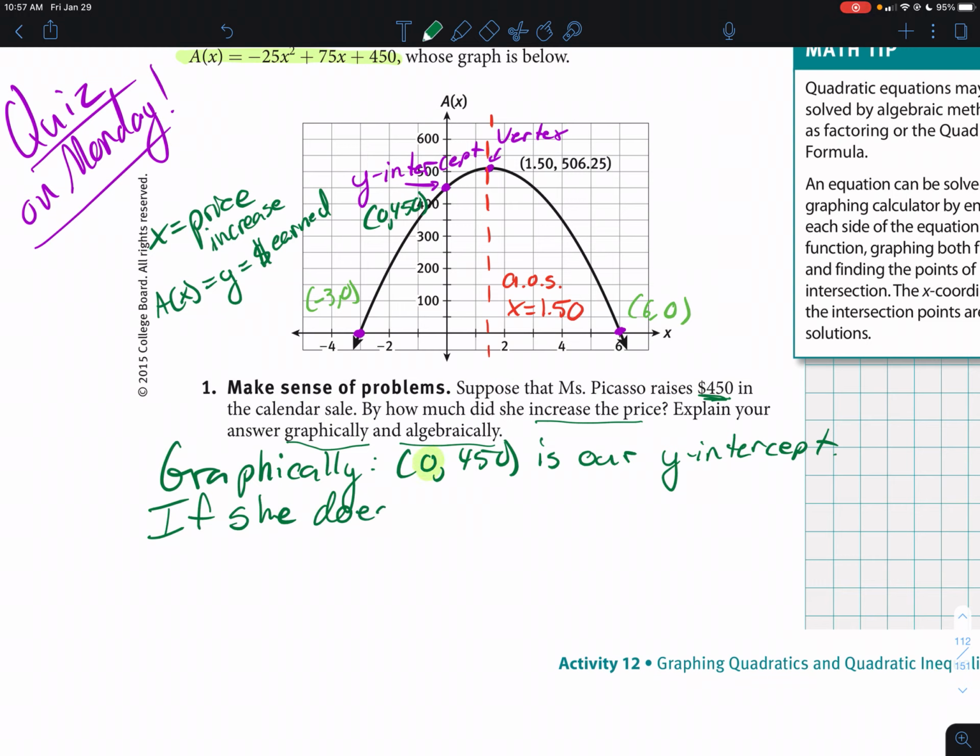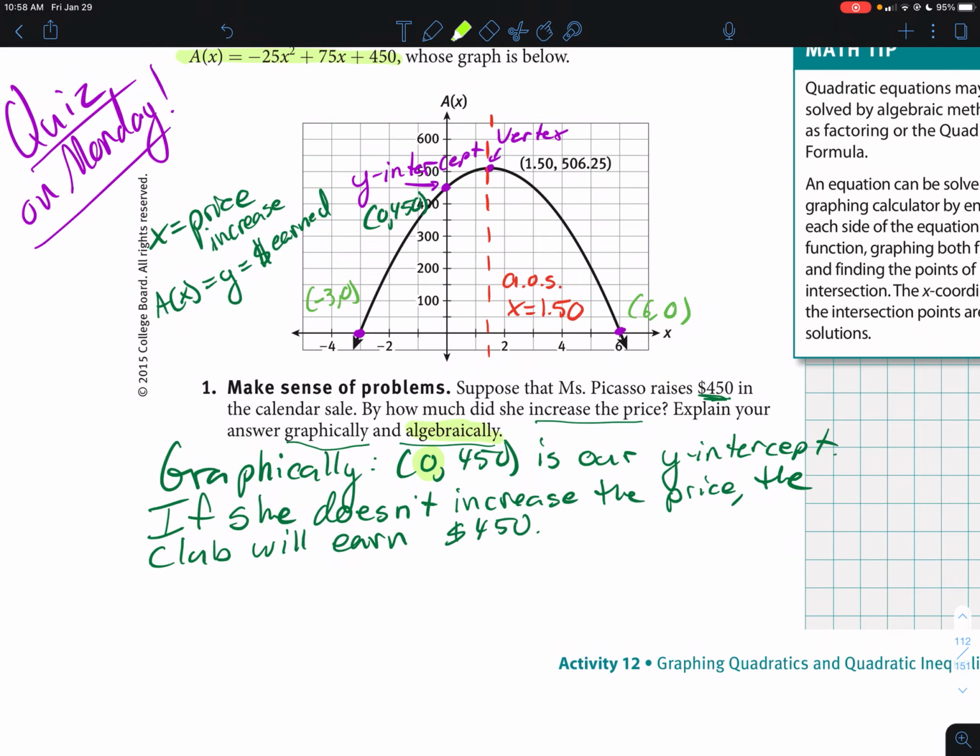If she doesn't increase the price, she will earn, the club will earn $450.